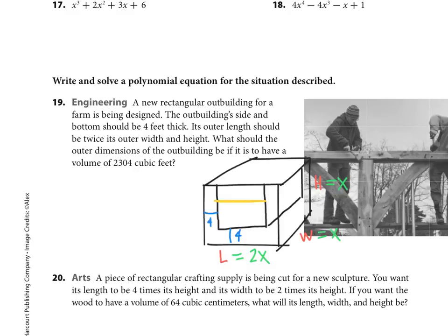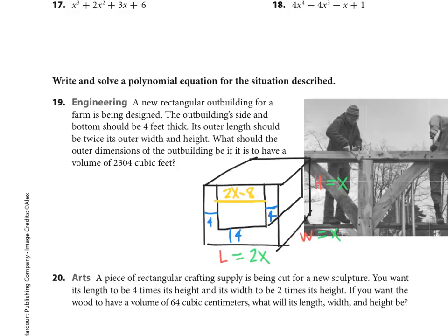So how long is the inside piece going to be? 2X minus 8. Because I know that the walls on both sides are 4 foot thick. So if all the way across it's 2X, and I have 4 foot over here and 4 foot over here, I take off those two 4 feet, and I'm left with 2X minus 8.